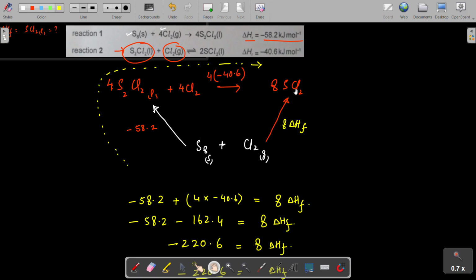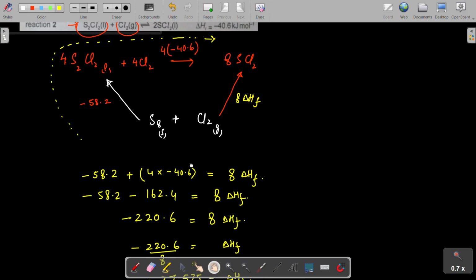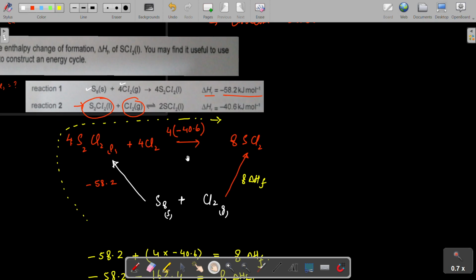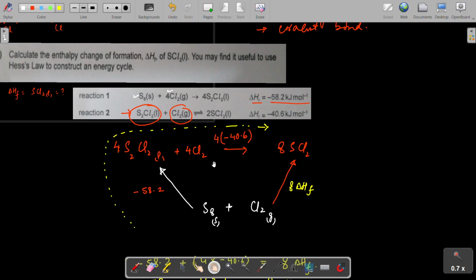If you want to keep this equation the same, you have to divide this 58.2 by 4, so you will get the delta H formation of S2Cl2. In this way, by using Hess's law, we can calculate the delta H formation of SCl2. Hopefully you got the idea.